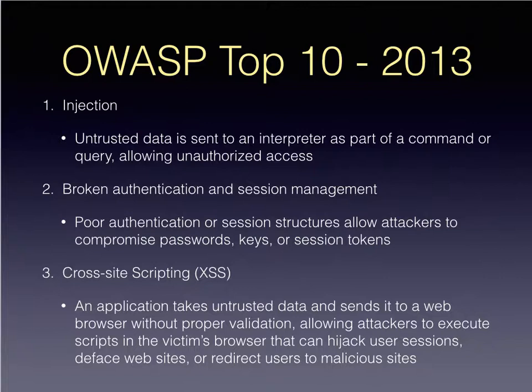The first one is an injection attack. An injection attack occurs because an application or a developer did not check to see whether the information coming into an input field is what was expected. This is called input validation.